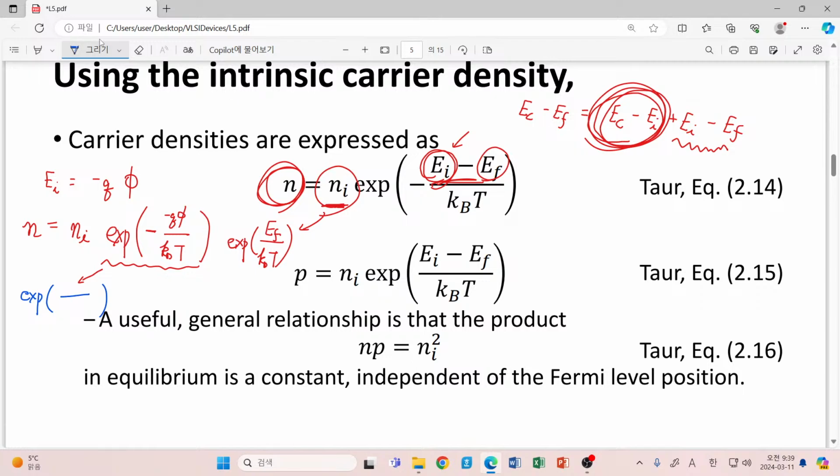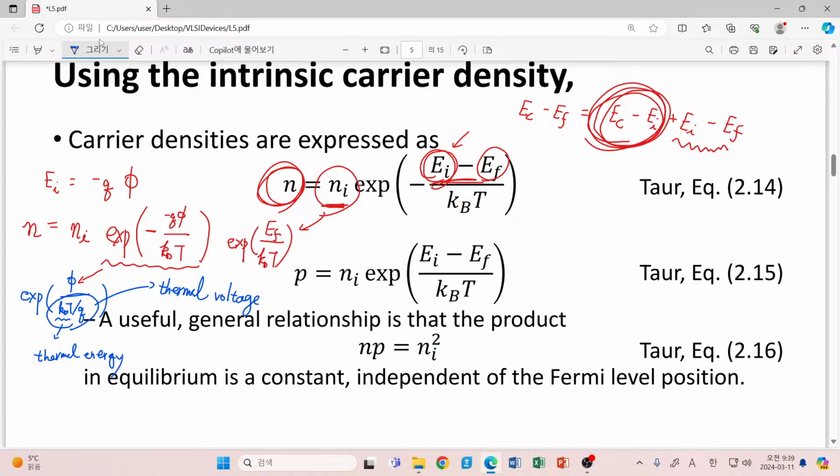Then eventually we have phi over kBT divided by q, and you know it. kBT here is typically called the thermal energy, and the quantity divided by this elementary charge q is no longer the energy, but becomes a voltage quantity, and this quantity is now called the thermal voltage instead of thermal energy.